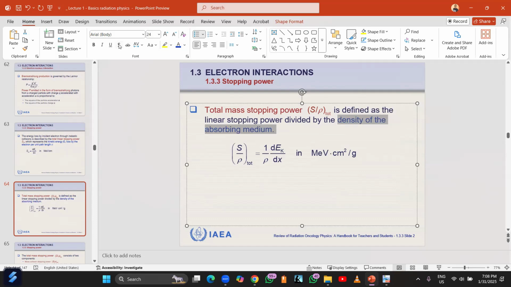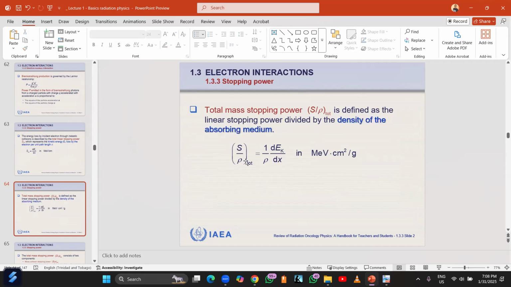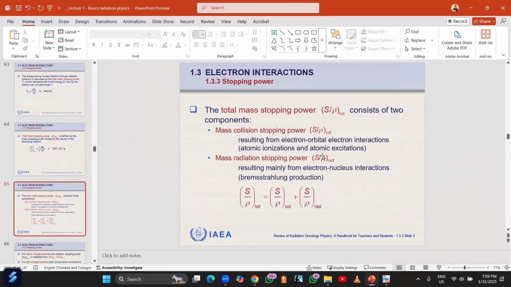So you simply have to divide the linear stopping power by the density. And of course, the units will change to mega electron volts square centimeters per gram. All right. Whenever you see the density, then you know there is a mass stopping power.